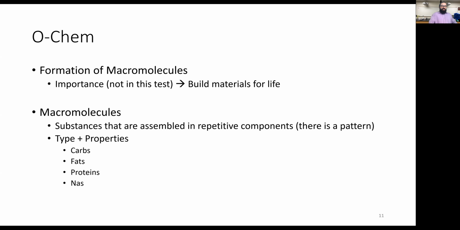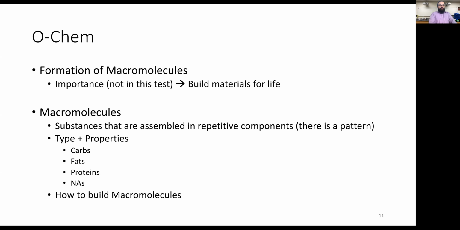Again, there's a pattern. So, how to build them.